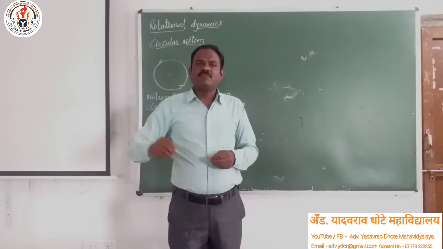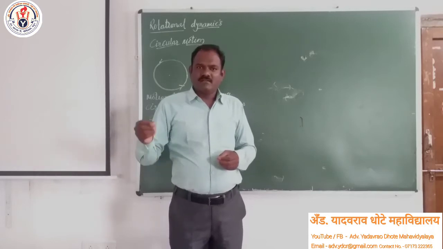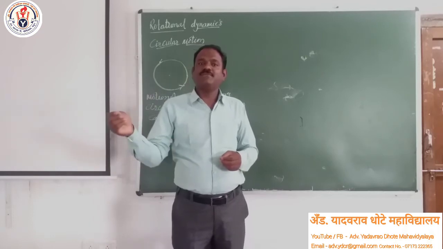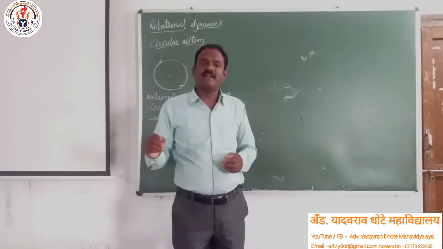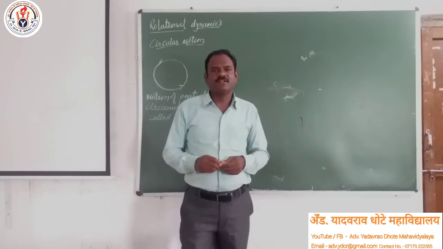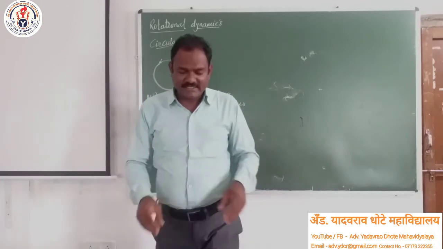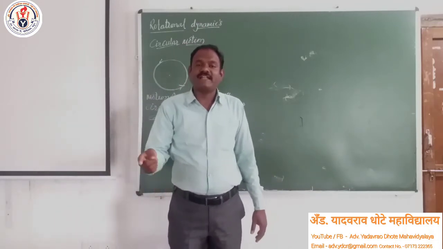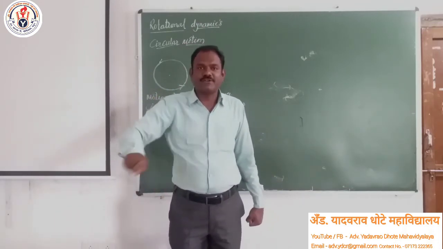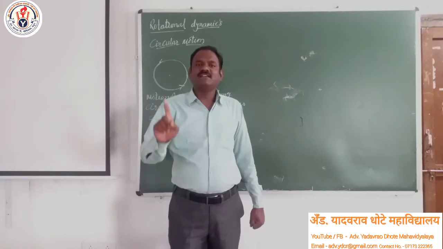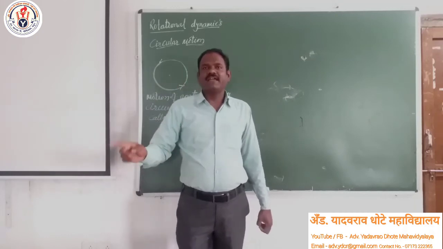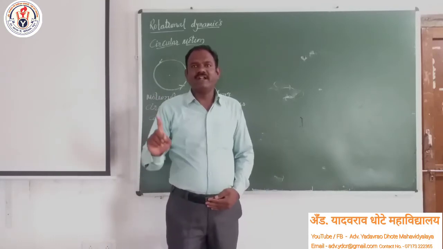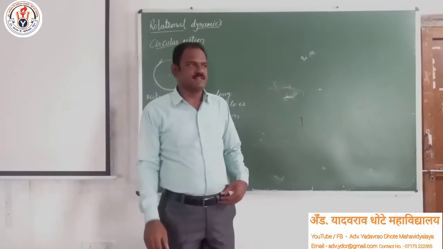So we say the earth moves around the sun with the same angular speed, and the moon around the earth also with the same angular speed. Why? Because to complete one revolution, the earth takes 1 year. For the moon around the earth, it takes about a month; for the earth's own rotation, it takes 1 day, that is 24 hours.